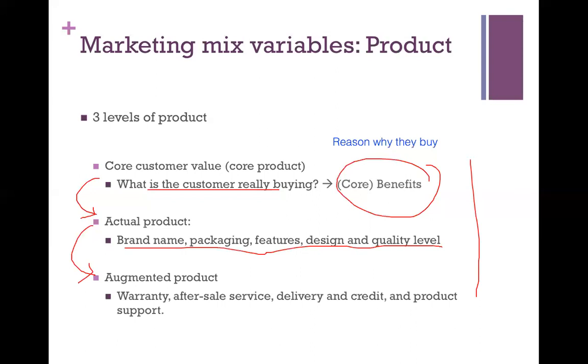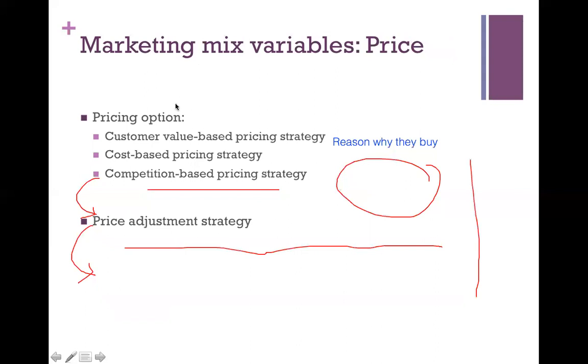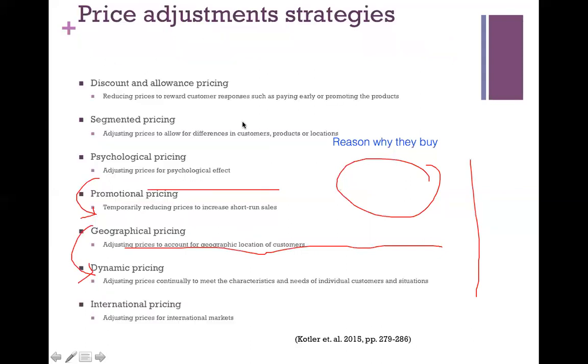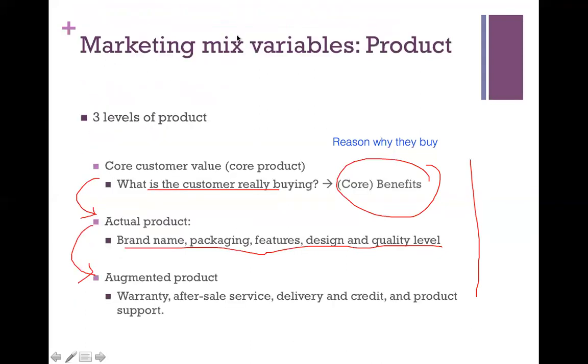So if you develop a premium product, you want to detail your features. You want to show a lot of things that you offer in your features. Your design should also show something premium, and you want to offer a lot of things to support the customers in augmented product.